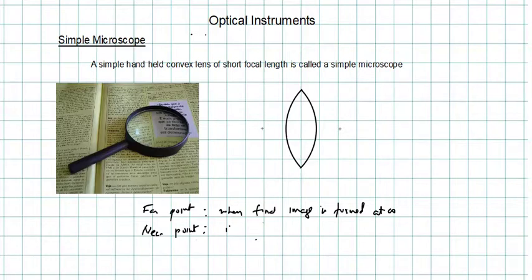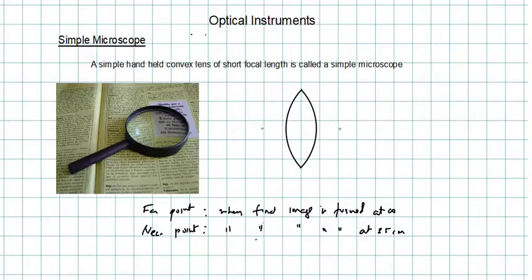And when the final image is formed at 25 centimeter, which is called the least distance of distinct vision, as you have learned in your earlier classes, then the instrument is working in near point adjustment.